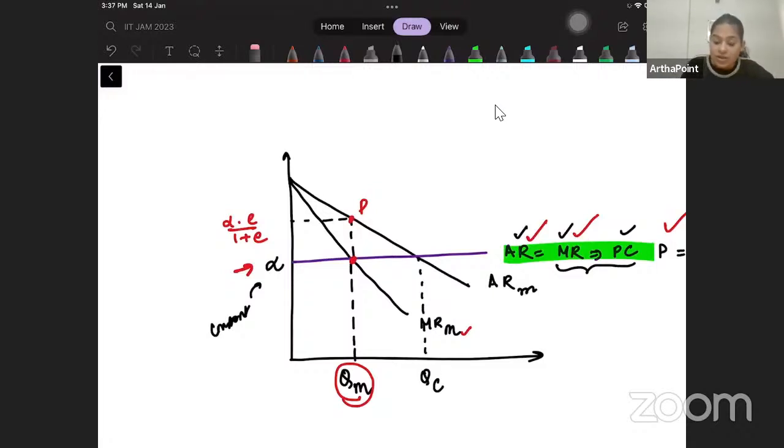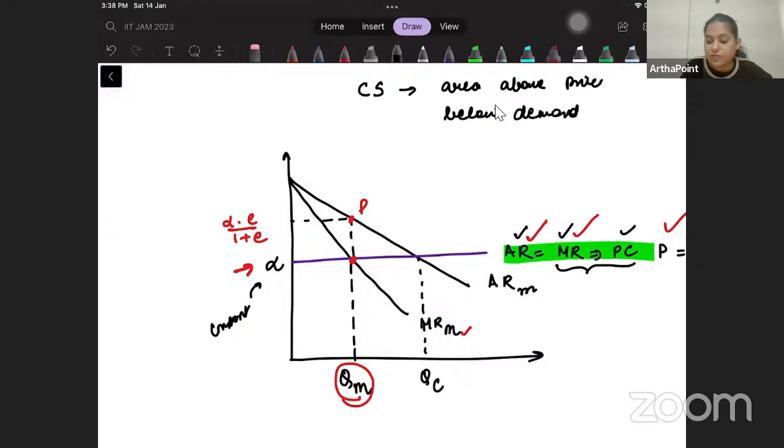Now, the consumer surplus is the area above price and below the demand curve, and the demand curve is the AR curve. So for the monopolist, the consumer surplus is this part.